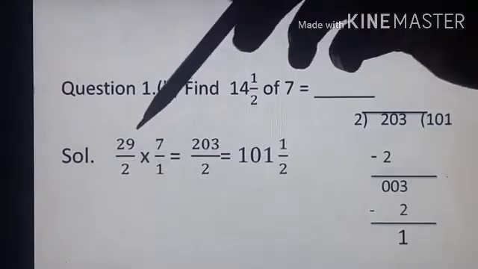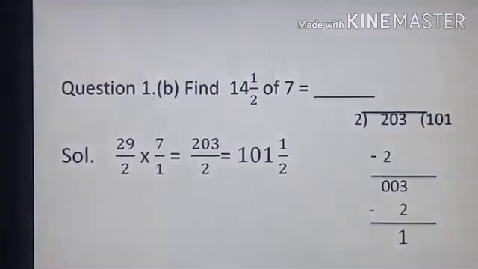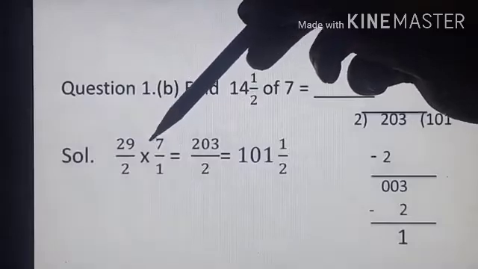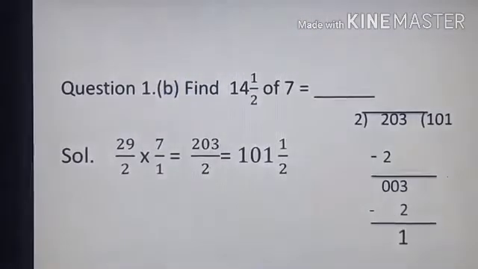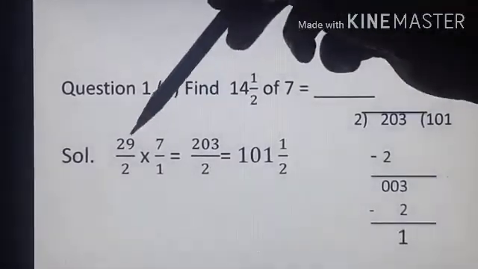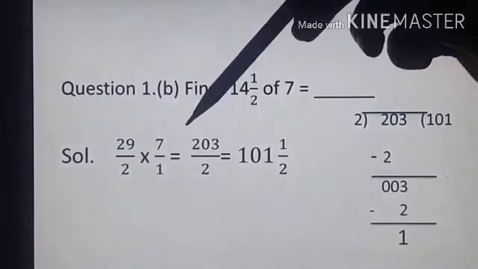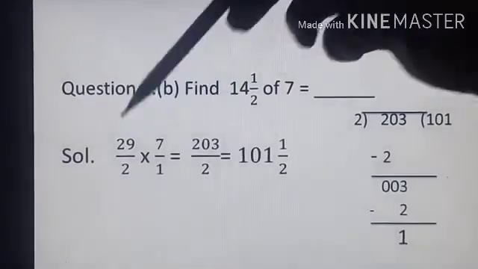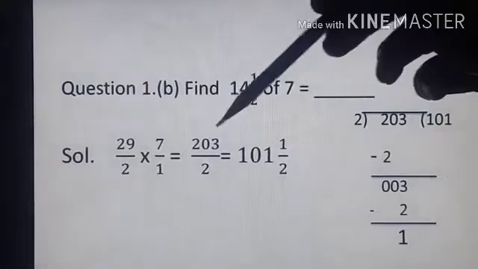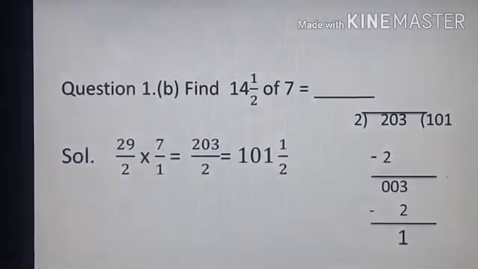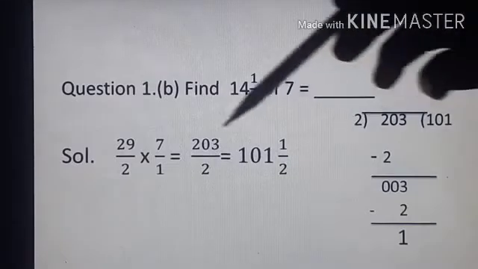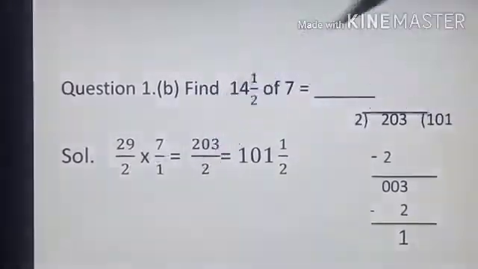Right? So we will multiply 29 sevens, 29 multiplied by 7. 7 nines are 63, 3, then 6 will be carry. 7 twos are 14. 14 plus 6, 20. So 203. If you have not done it orally till now, then you can do it in rough column. 203, 2 ones are 2. So it is 203 upon 2.